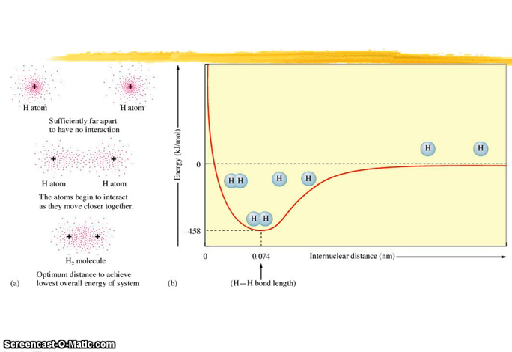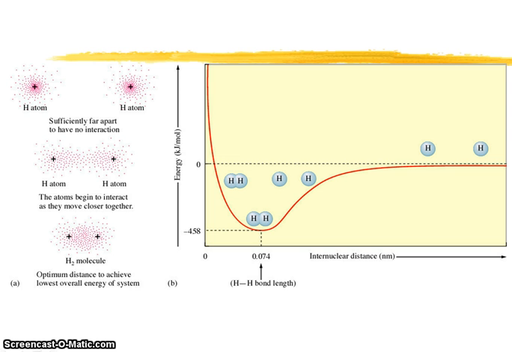And when we get to the lowest possible energy point, we're at the optimum distance with the lowest overall energy for the system. At that point, we're looking at what we call our bond length, or the optimum length between the two atoms. If those two atoms get too close together, then the repulsive forces start to take place.